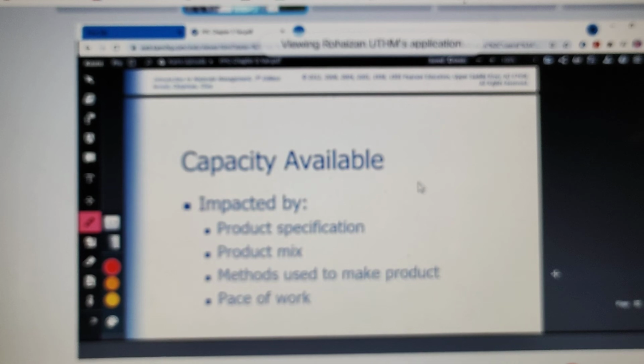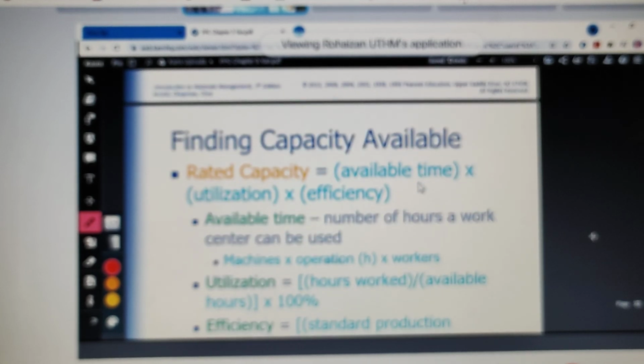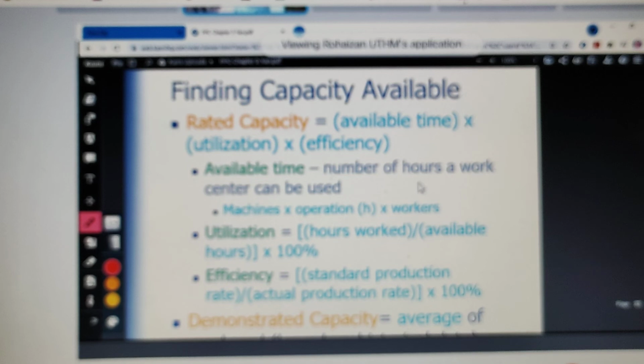What we have is impacted by product specification, product mix, method used to make the product, and pace of work. It depends on that, because the calculation to find capacity available is focused on available time. For available time, we must know the machine, the operation in hours, and the workers.